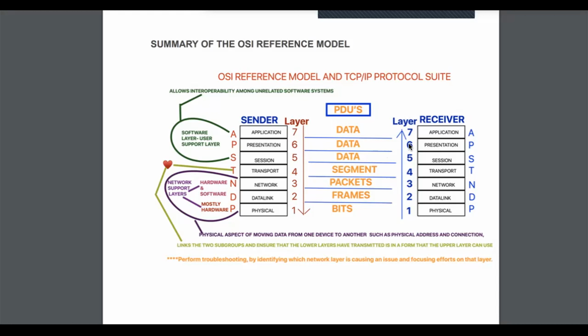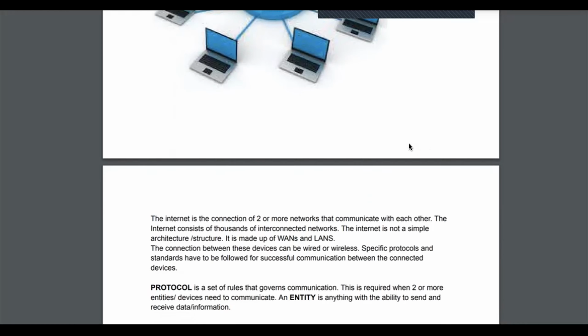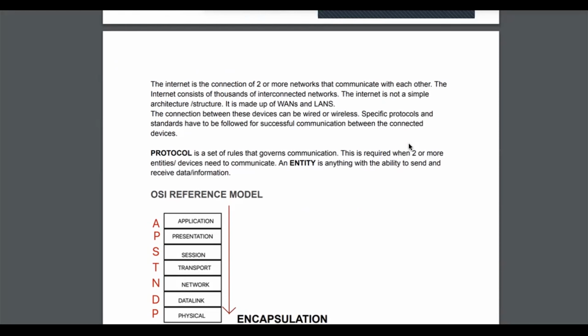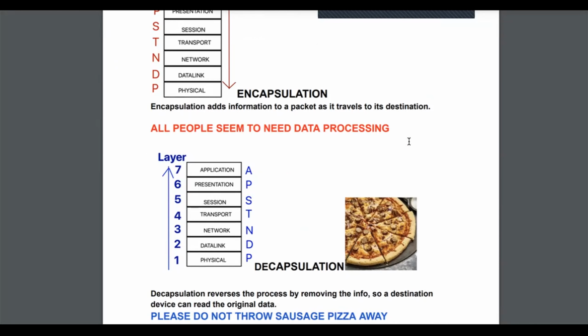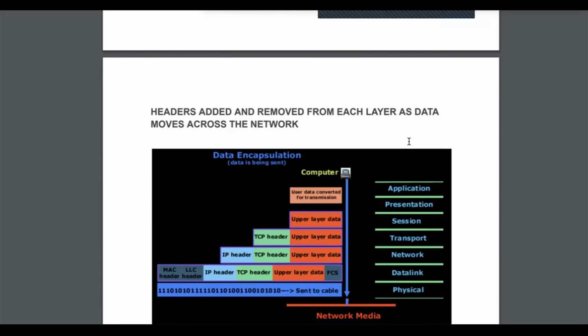So let's move on. Here, I just want to summarize everything. In this video, we've discussed various things. We've discussed computer networks and an example of a computer network. We've talked about the encapsulation and decapsulation process. We've talked about the abbreviations for how we can identify each layer: All People Seem To Need Data Processing, top to bottom, and bottom to top, Please Do Not Throw Sausage Pizza Away.